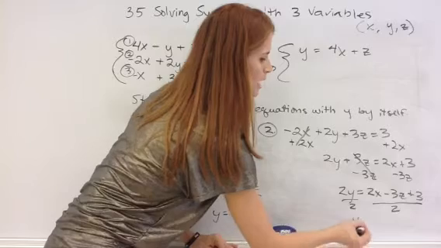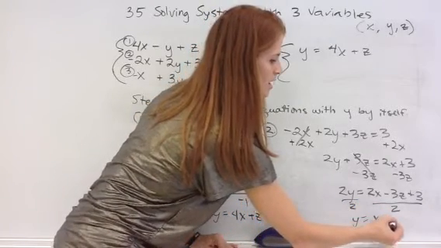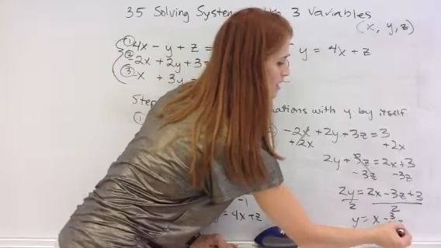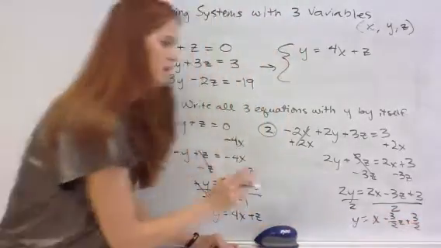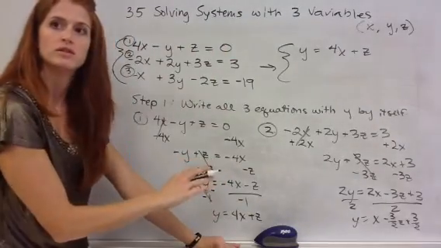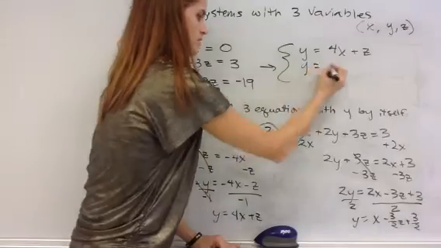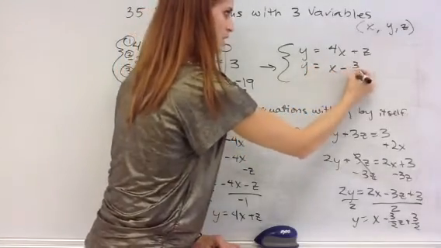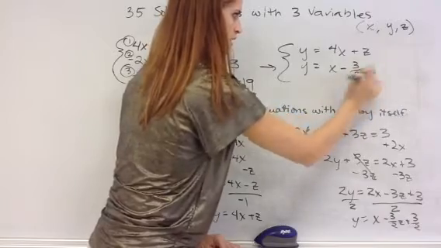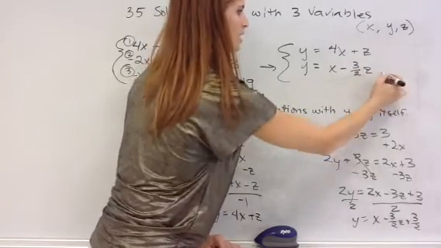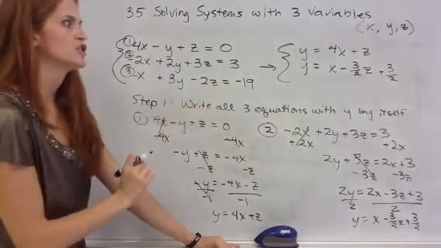We'll be left with y equaling 1x minus 3 halves z plus 3 halves. So now I've taken equation 2 and gotten y all by itself. So y equals x minus 3 over 2 z, plus 3 over 2. So equation 1 and equation 2 are done.